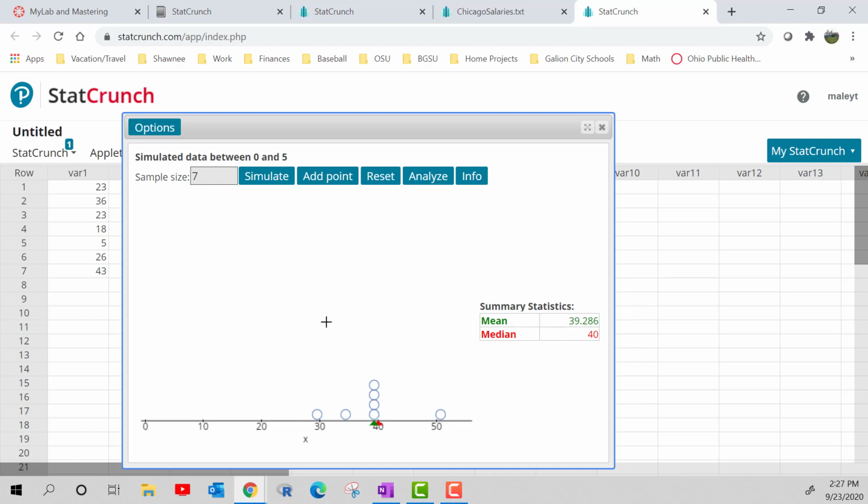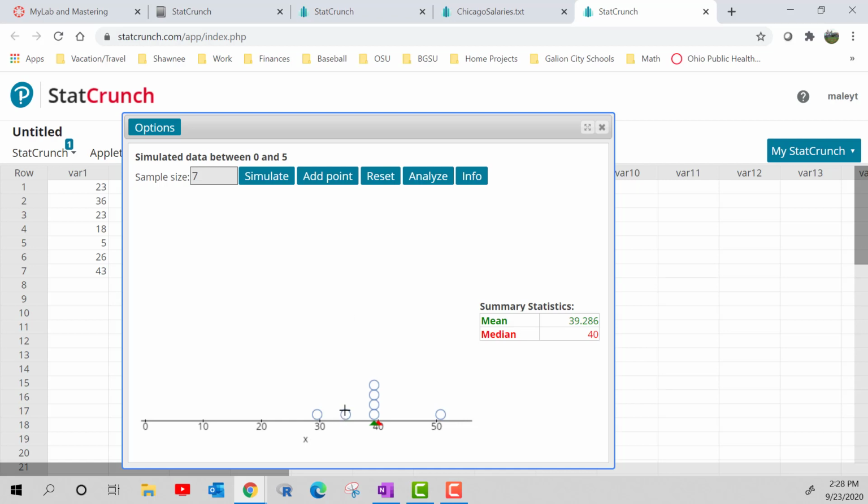It's pretty close to the mean already. Our mean was 40, our median was 40. So if I add a number that's close to 40, it's not going to really impact the mean and median as much. What's going to impact it is if we have a really large or really small number, an extreme value, as we talked about.